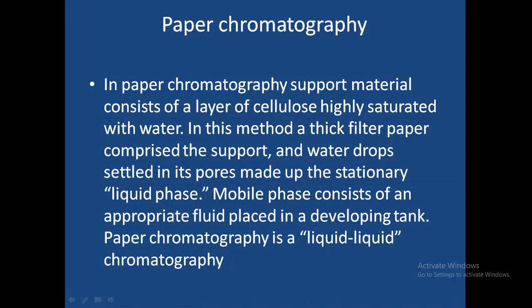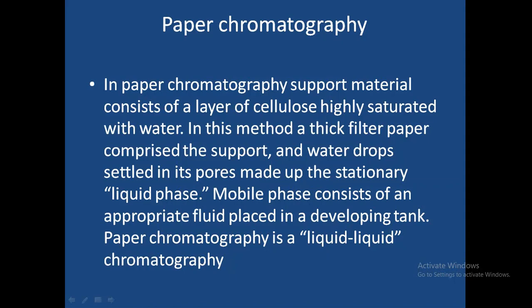In paper chromatography, the support material consists of a layer of cellulose highly saturated with water. In this method, a thick filter paper comprises the support, and water drops settled in its pores make up the stationary phase, which is otherwise called the liquid phase. Mobile phase consists of an appropriate fluid placed in a developing tank. Paper chromatography is a liquid-liquid chromatography.